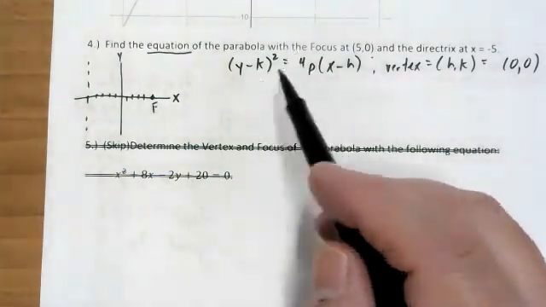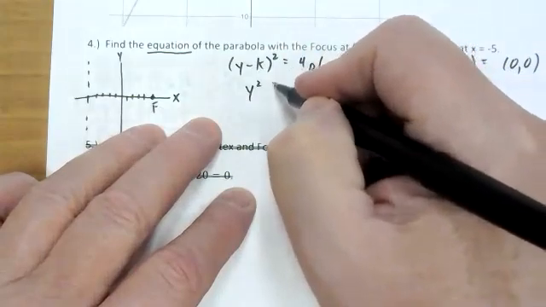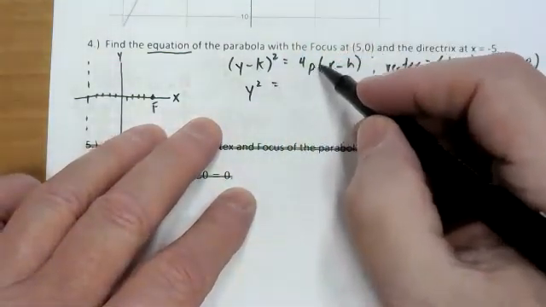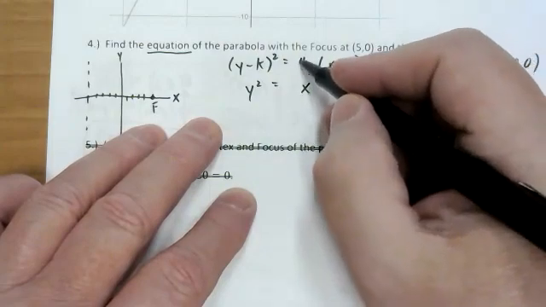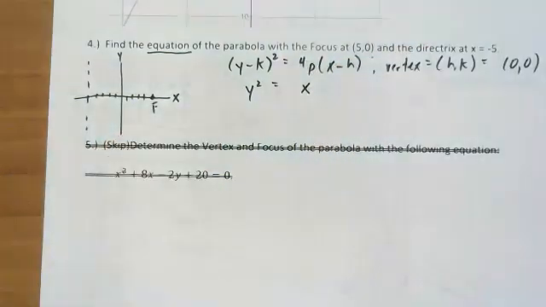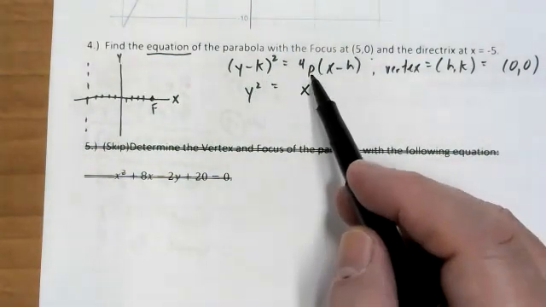What that means is basically I'm going to have y squared equals, once I find p, plug in p, 4 times p times x. In other words, the h and the k are 0. The parentheses go away.